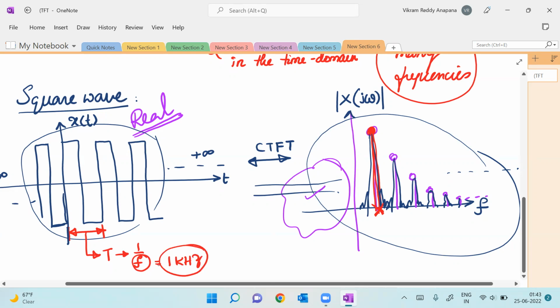That means T is equal to 1 millisecond. If T is equal to 1 millisecond, f must be 1 kilohertz, right?